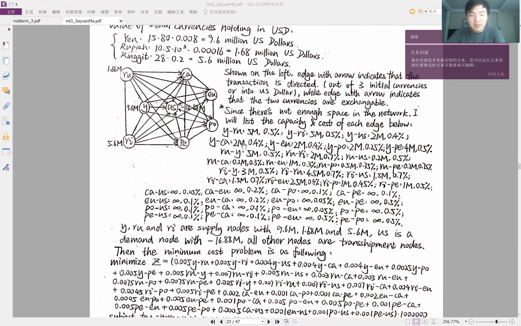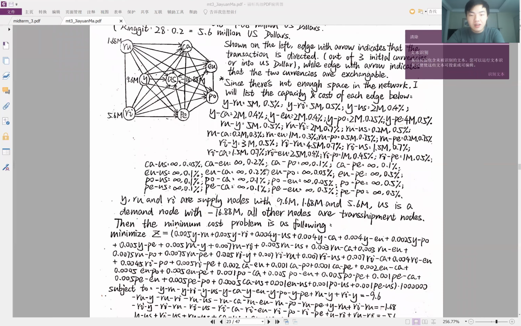For each pair of numbers, the first number indicates the capacity, meaning the transaction limit. And for transactions not from these three at-risk currencies, there's no such transaction limit, meaning infinity. And the second number with the percentage sign is the percentage of the transaction cost for each transaction.